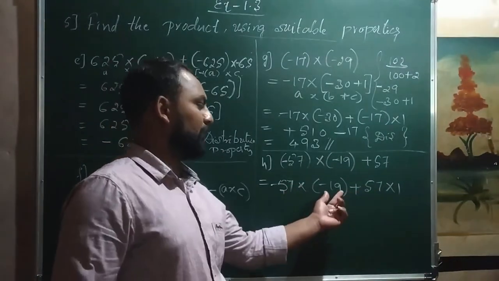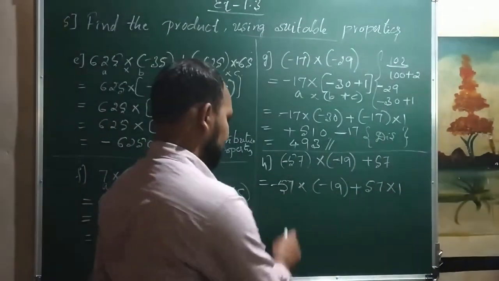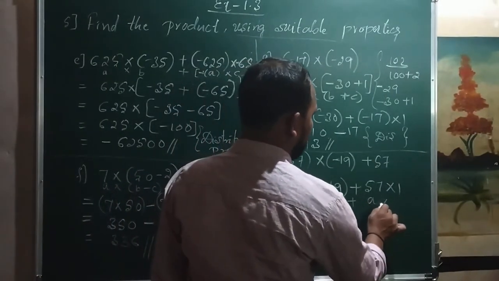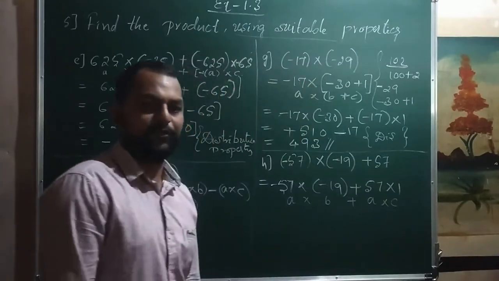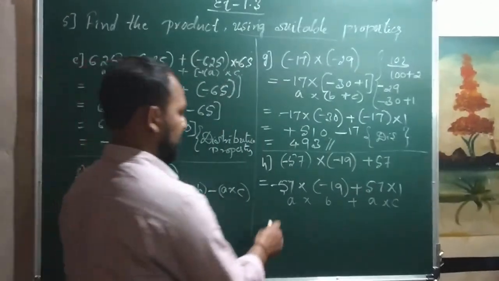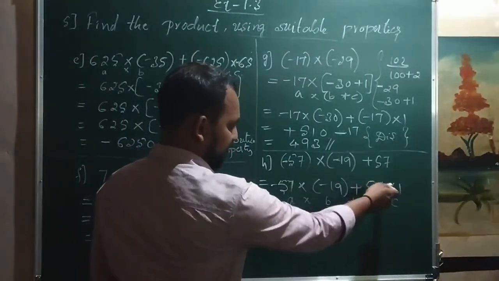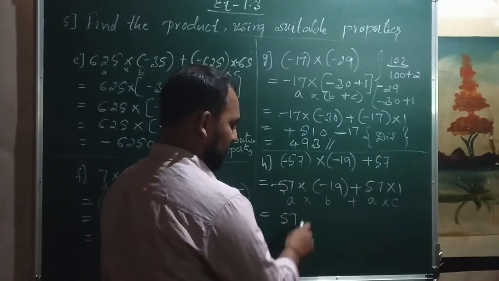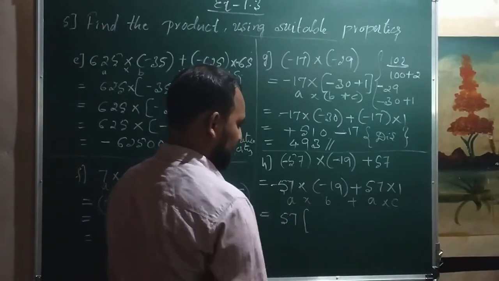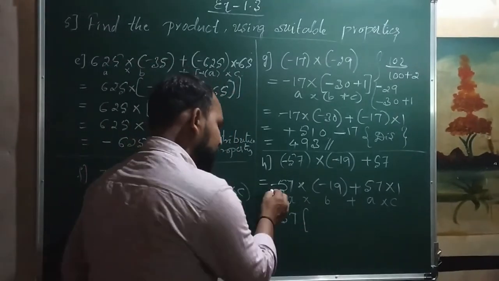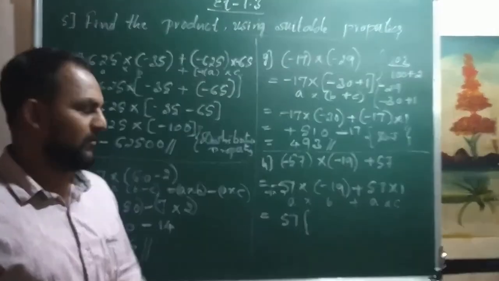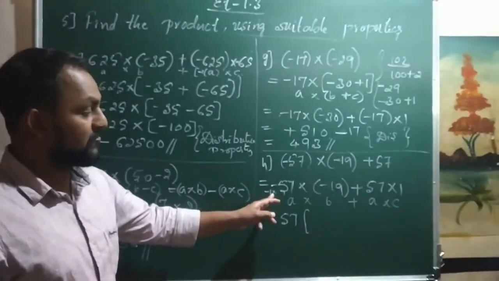Here a into b plus a into c. Again the distributive property. Okay, write like this. Here the 57 is positive. Take 57 as minus 1 into 57. Minus 1 into 57 means the minus 1 is common.